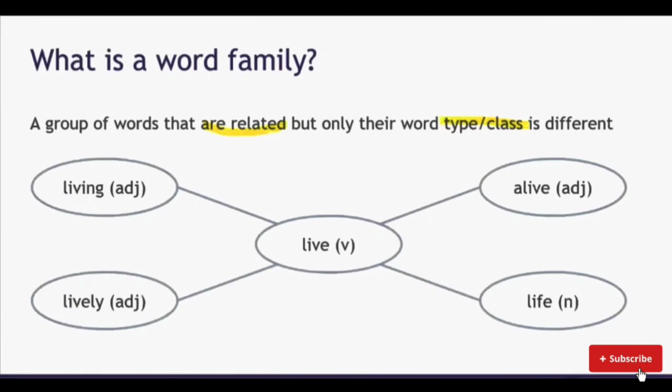Hopefully you selected living, lively, alive, and life. These belong to the same family as live and can be used in different contexts. This strategy is important and very useful when preparing for IELTS, as word families help with paraphrasing in writing, speaking, reading, and listening.